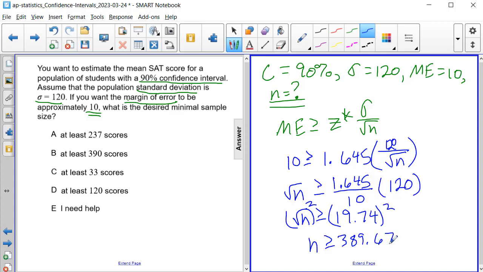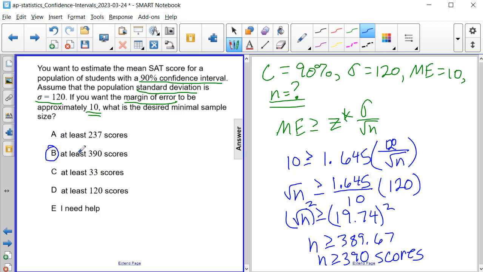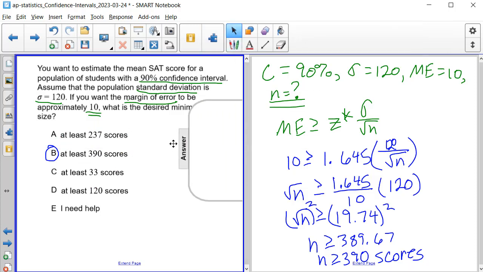And then because this value is more than 1/2, the best value for n would be at least 390 scores. So that means at least, because it's greater than or equal to, and all of these are at least. And then the answer is 390 scores, or answer choice B.